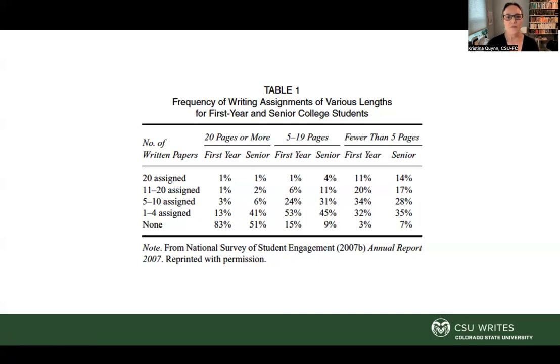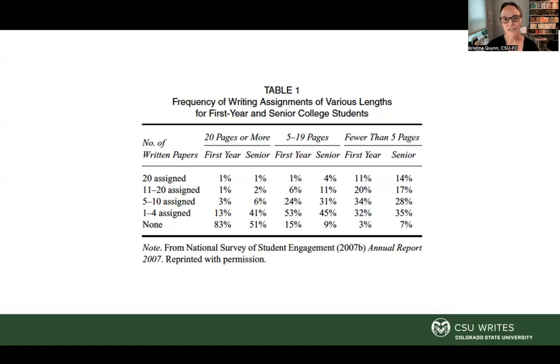Might be much more common, right? That you would be asked to write something that is 20 pages or more. But also the numbers of papers that are assigned that are fewer than 5 pages in your first year are much more extensive, right? But if you look at the numbers, and I don't know that this is true anymore. This is data that's almost 20 years old, by the way.